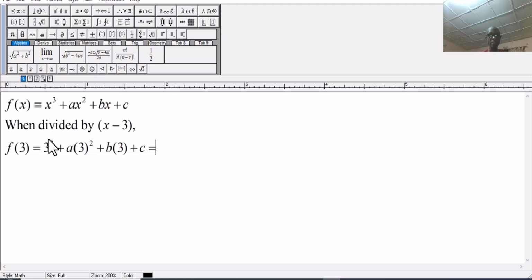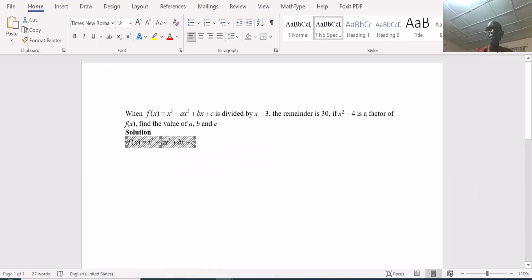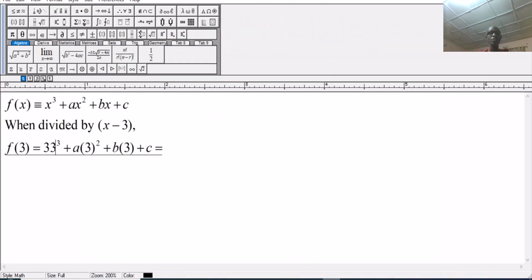equals to, they said the remainder was, let me check the remainder again. They said the remainder is 30. So everything will be equal to 30. So what we now have is 27 plus 9a plus 3b plus c equals to 30.